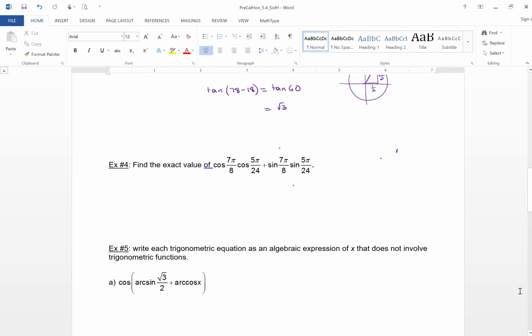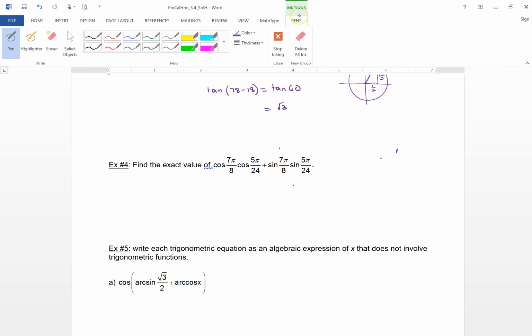That whole thing, the top and the bottom, that whole fraction equals tangent alpha minus beta. Now what we have here is cosine of a number, cosine of another number, plus sine of that first number, alpha, sine of the second number, beta, right?